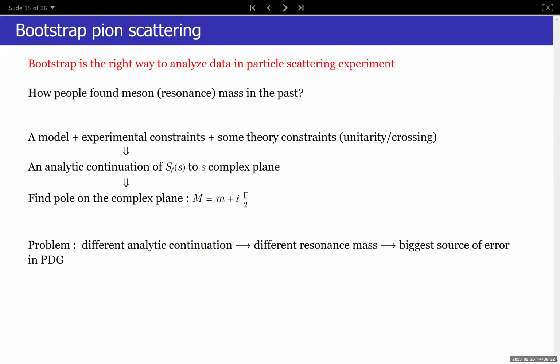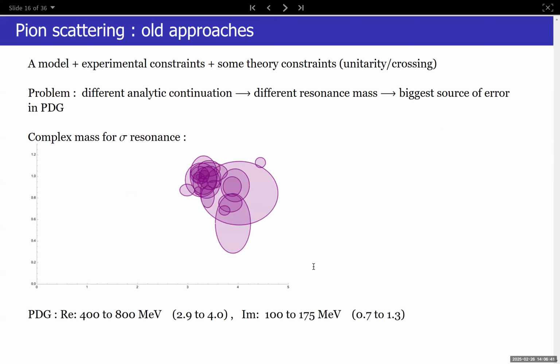That's the procedure. Of course, different models would give you different analytical continuations, and that would lead to different meson masses. Actually, that's the biggest source of error bar in PDG.